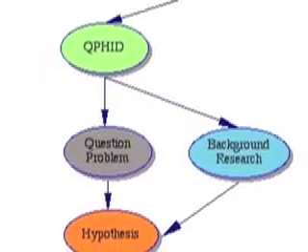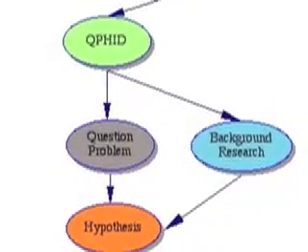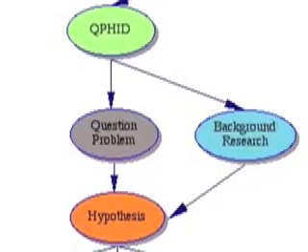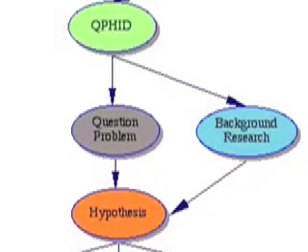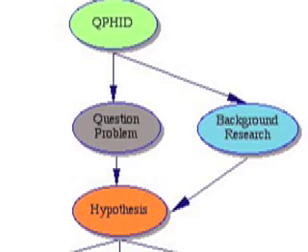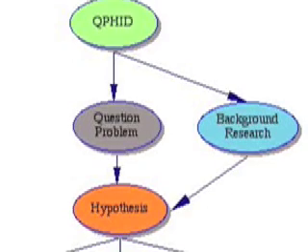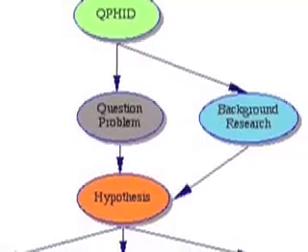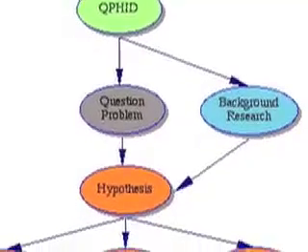The hypothesis is really a proposal for a test or an experiment where you say that I'm going to set up this experiment, and if I do this one thing, it will cause this to happen. And it will happen because of something I think or that I've learned recently in my background research.